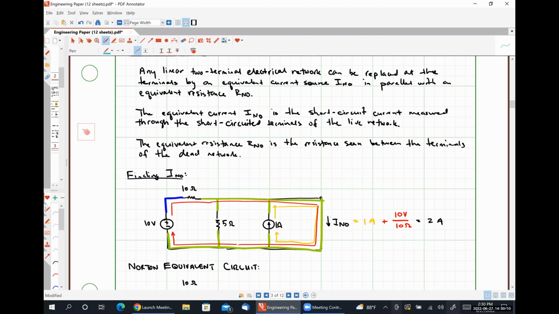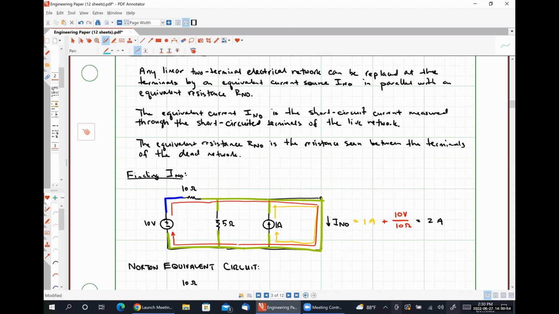Now, in tomorrow's class, when we deal with Thevenin and Norton equivalent circuits that contain dependent sources, it is possible to get a correct answer that has a negative Thevenin resistance. But we should never see a negative resistance for a circuit that does not contain any dependent sources. And in fact, I will try my damnedest to make sure that you guys never experience a circuit that you'll analyze and get a negative resistance.